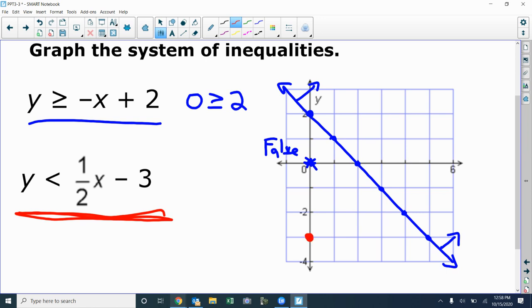There's your intercept. Up 1 over 2. We've concluded that this is a dotted line, right? Yes.